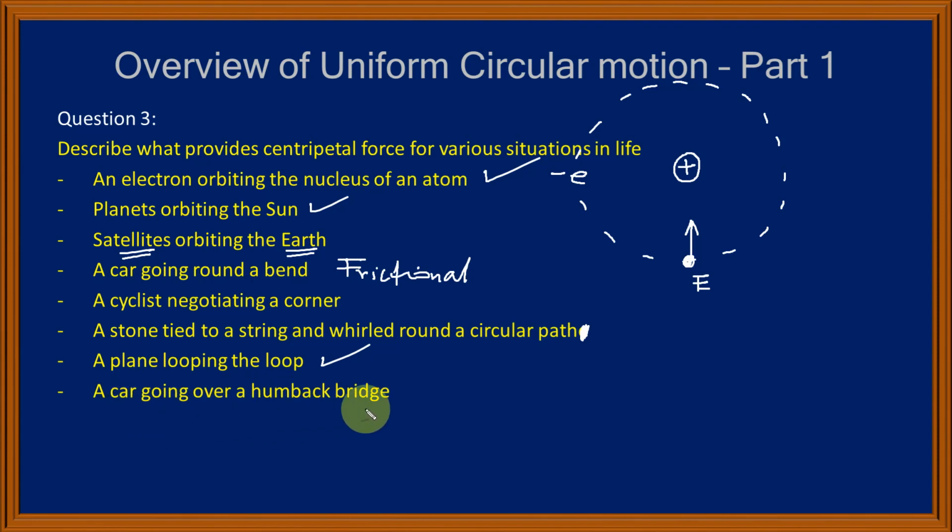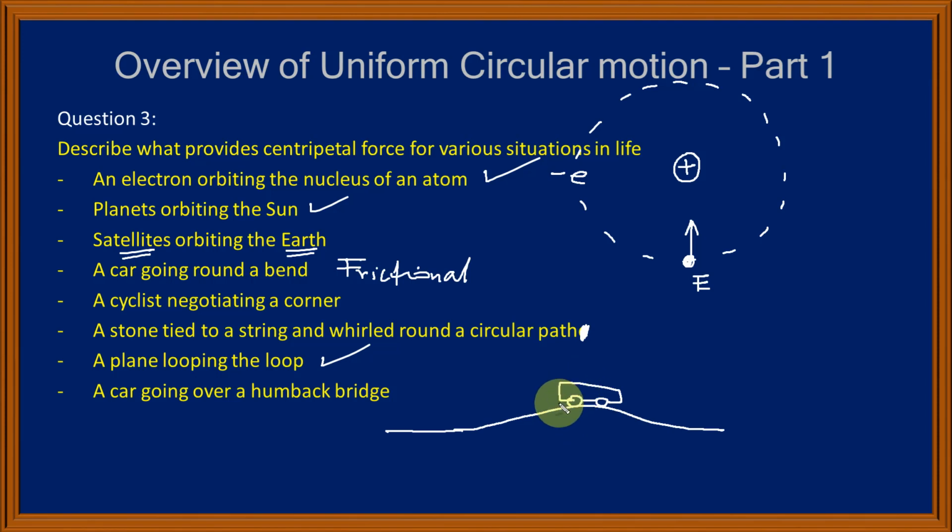A car going over a hump-back bridge. What's a hump-back bridge? Along highways, you've seen this kind of bumps. They're usually very long, and usually cars don't slow down when they are going over these kind of bumps. What provides the centripetal force on this car?